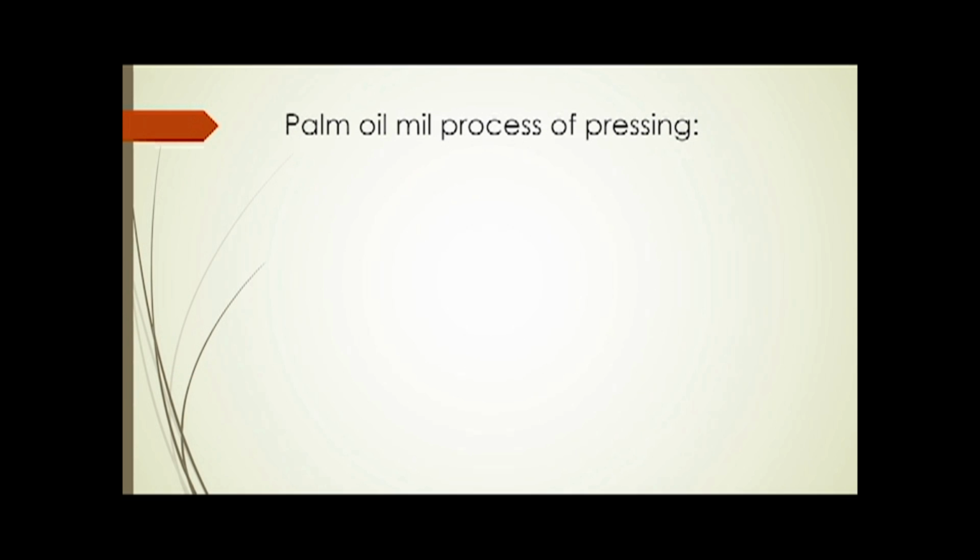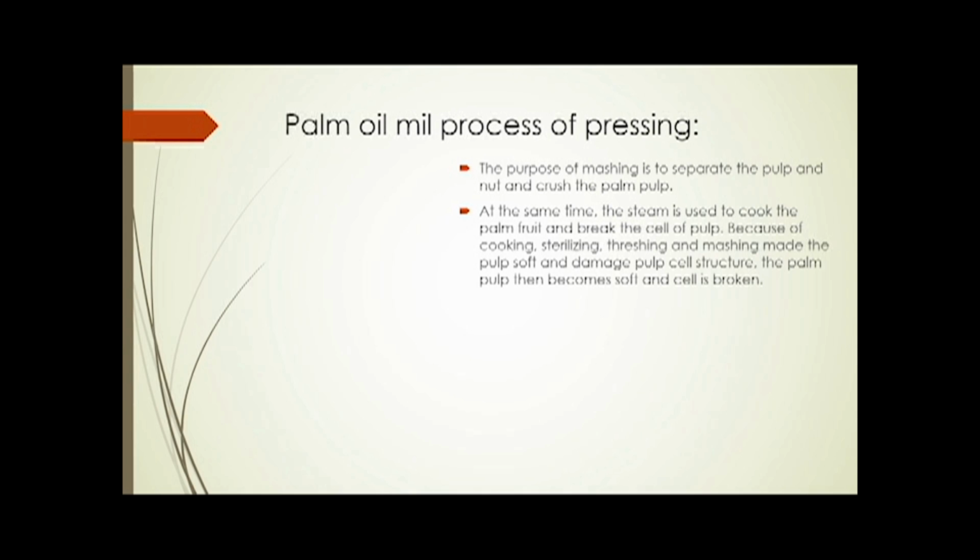Palm oil mill process of pressing. The purpose of mashing is to separate the pulp and nut and crush the palm pulp. At the same time, steam is used to cook the palm fruit and break the shell of the pulp. Because of the cooking, sterilizing, threshing, and mashing, the pulp becomes soft and the pulp cell structure is damaged.